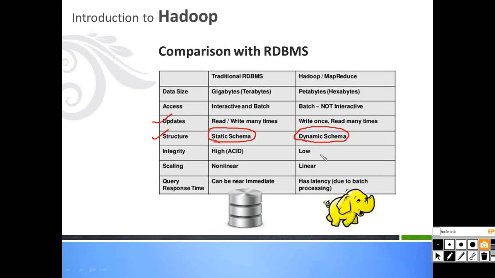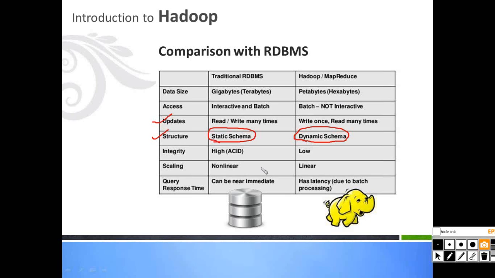It means you can insert data, but the data might not be pushed to the physical drive immediately. It might take some time, and it is not supporting transactions at this moment. Whereas transactions are the core thing in the DBMS world, this is not the case in Hadoop.